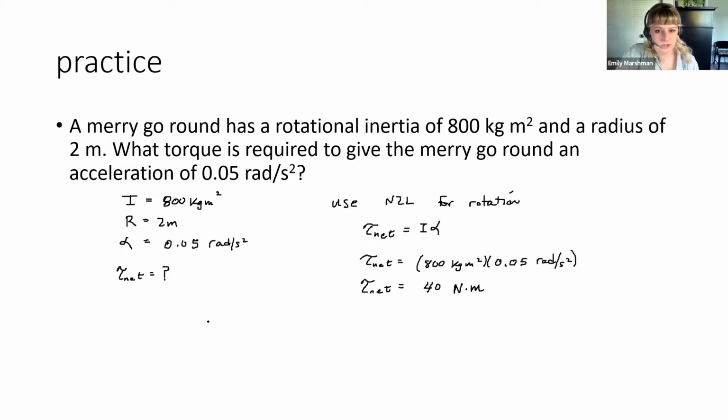Another question for you. What force would be required if I was going to apply a force on the edge of the merry-go-round? What would be the force required to make this torque happen? So if I do a bird's eye view of the merry-go-round, its radius is 2 meters.